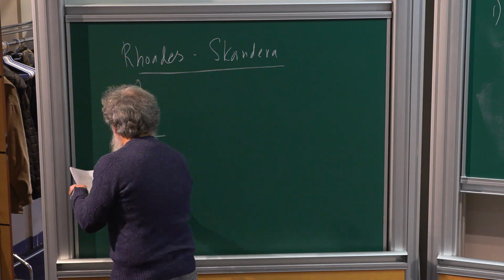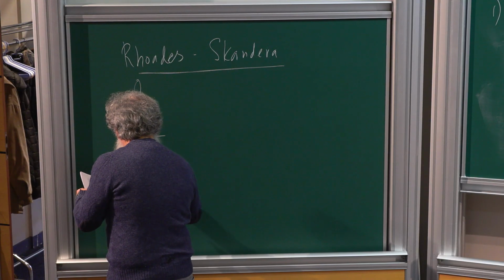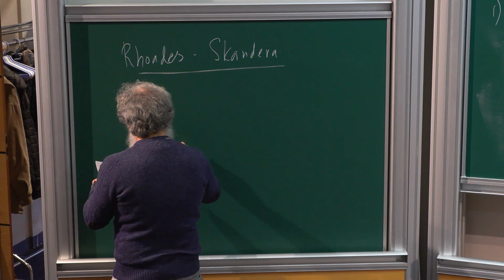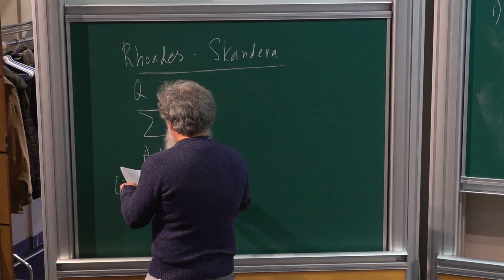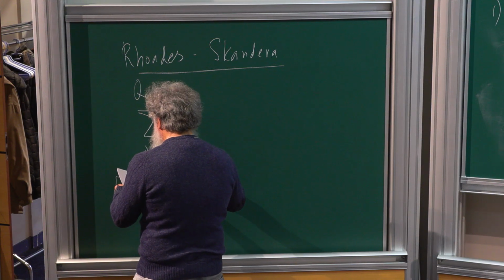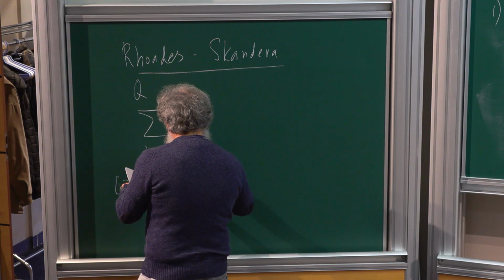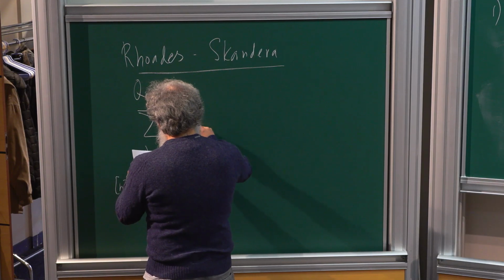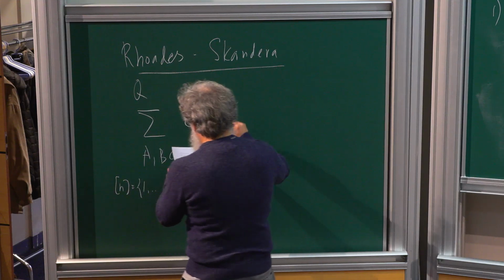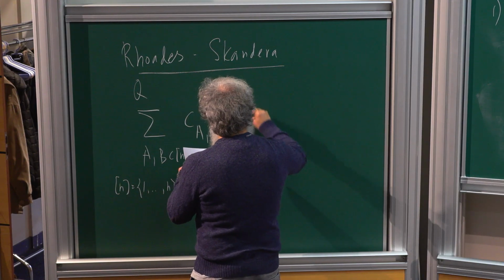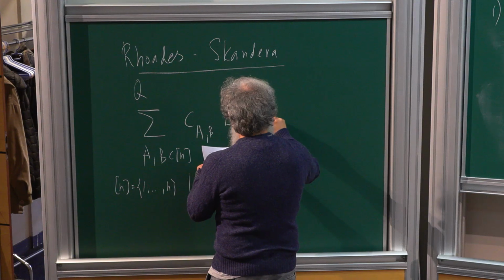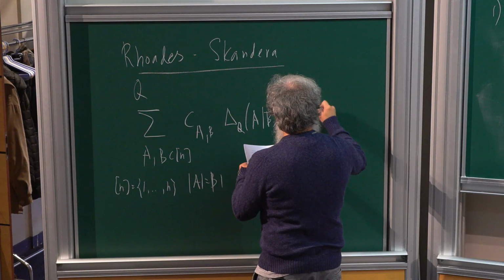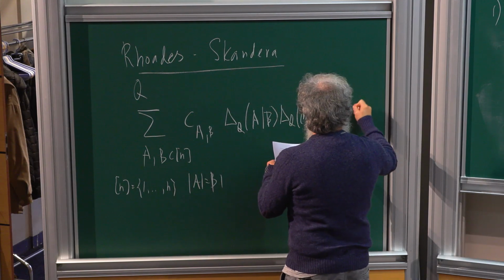Denote by n the set 1 to n, and consider subsets A, B in n of the same cardinality, and the expression Δ_{A,B} Δ_{n\A,n\B}.